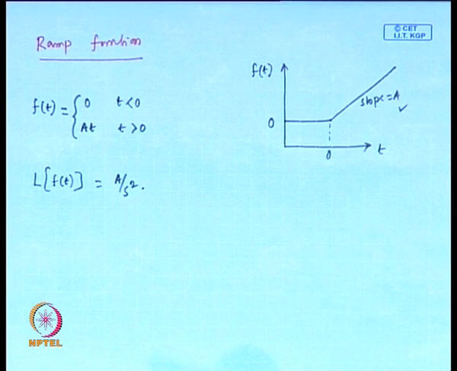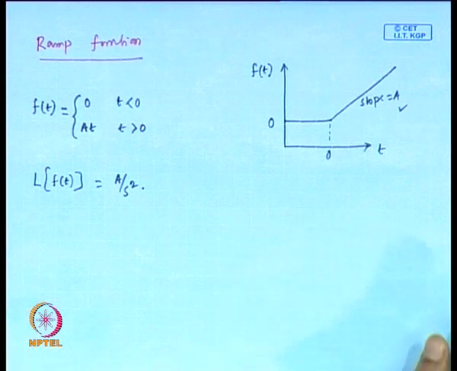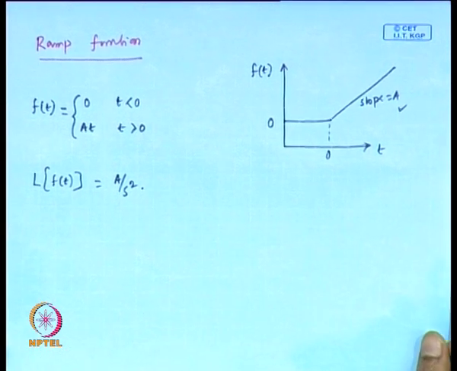So, what will be the example? Gradually open the steam valve, so that Q changes linearly, and the ramp ends when the valve is fully open.